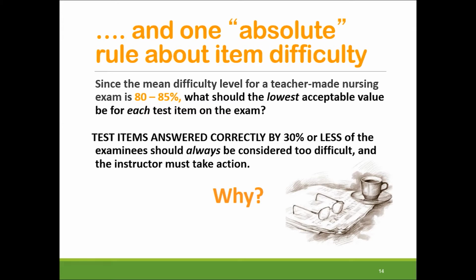Well, as you can see in my slide here, 30% or less is a scary situation for a question. That means that the question is too difficult, or frankly, only 30% of the class or fewer can answer this test item. And that means that you've introduced an inordinate amount of guesswork into the whole situation.